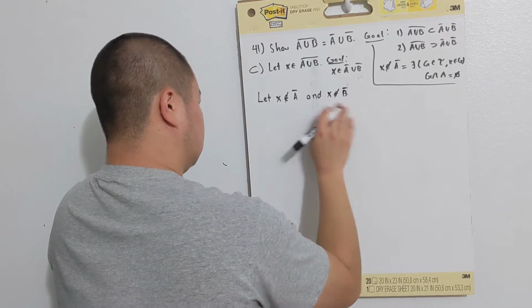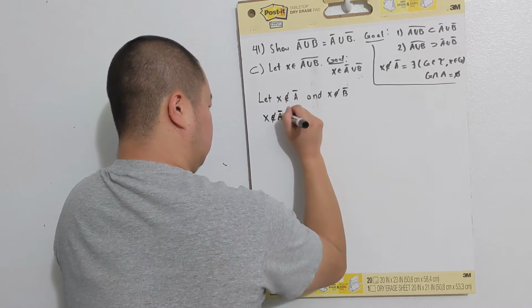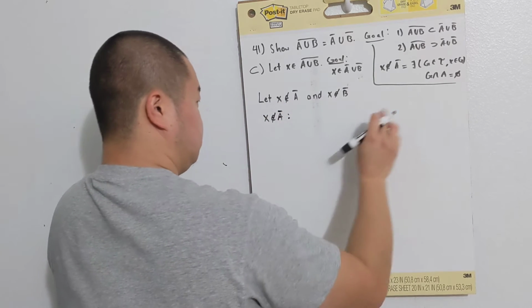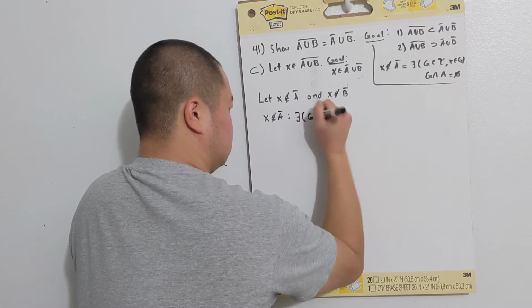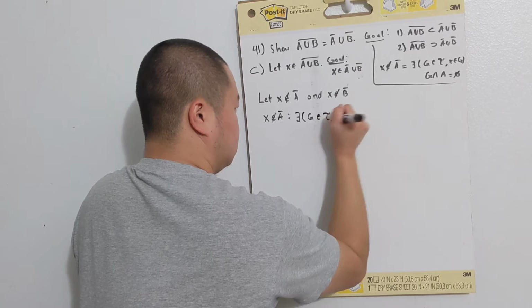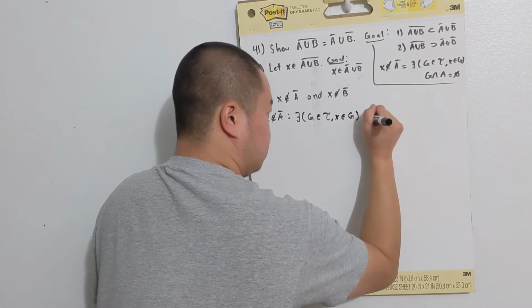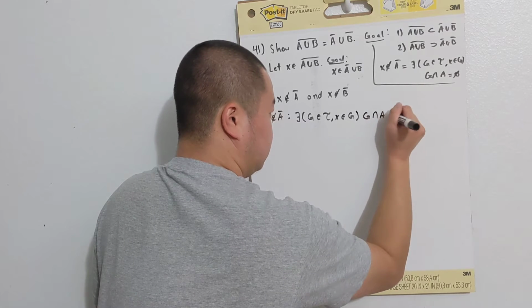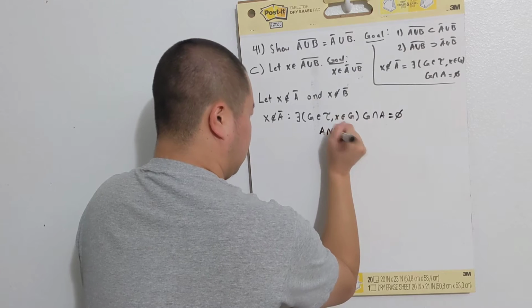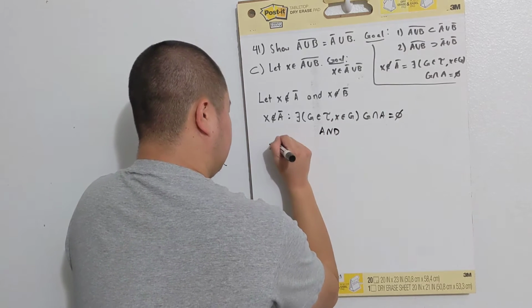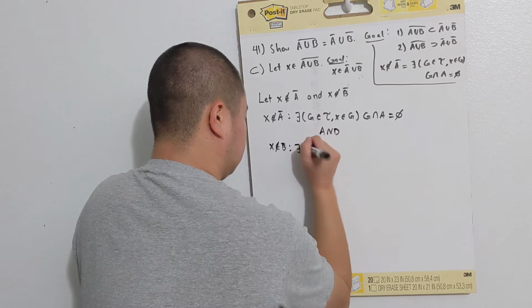So we know that since X is not in the closure of A, this means that there exists some open set G containing X such that G intersection A is the empty set. And we know that X is also not in the closure of B. So same thing.